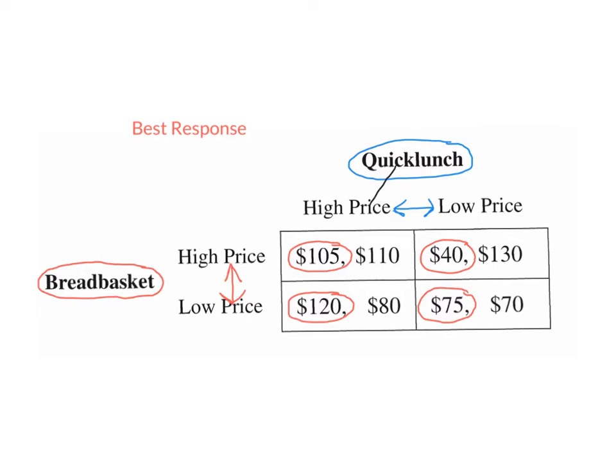We look at the two values in those two quadrants, and the best response for Breadbasket would be to set a low price because the value of 120 is greater than 105. We could also look at if Breadbasket set a high price, what would be the best response for Quick Lunch? Once again, we will look horizontally and we will see that Quick Lunch should also set a low price.